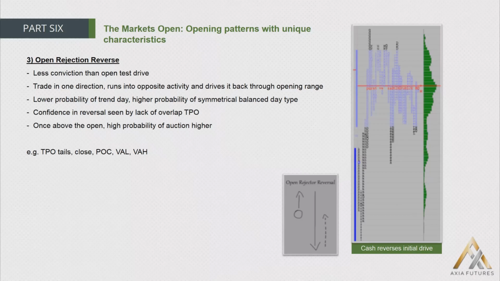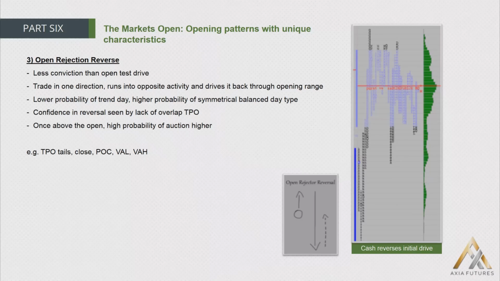For instance, in the first graphic depiction, you can see we open and the market tries to move higher, and then it runs into very aggressive sellers that initiate aggressive shorts. Once it runs into these aggressive other time frame players, they then very quickly take advantage of those prices and reject and reverse the initial movement.